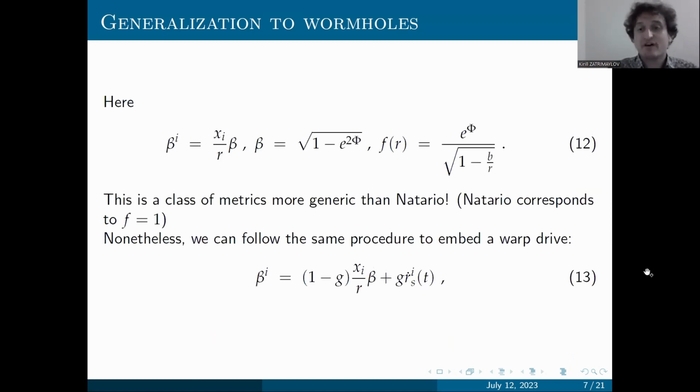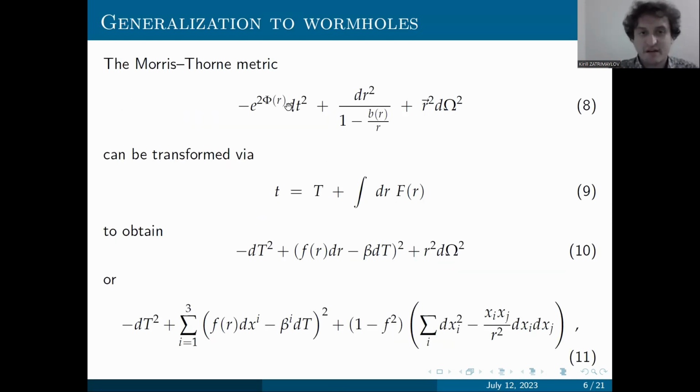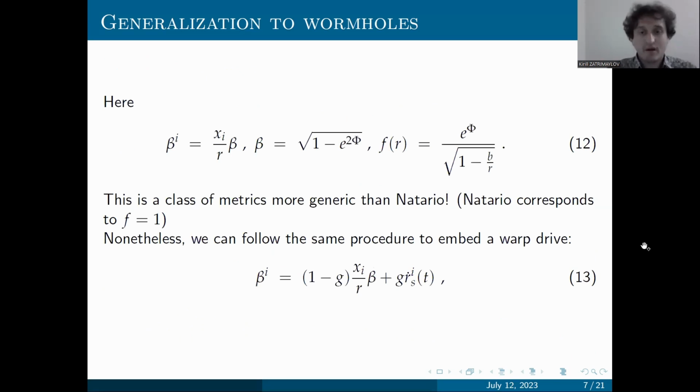This form factor is basically the product of the 0,0 and r,r components of the metric tensor. And in this case, we can also embed the warp drive in the same way.